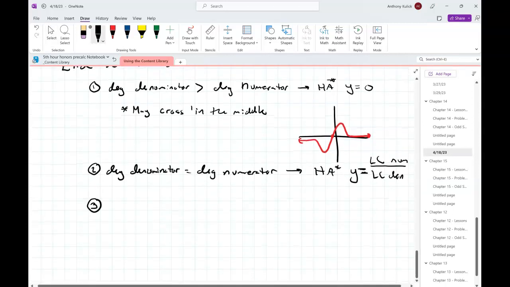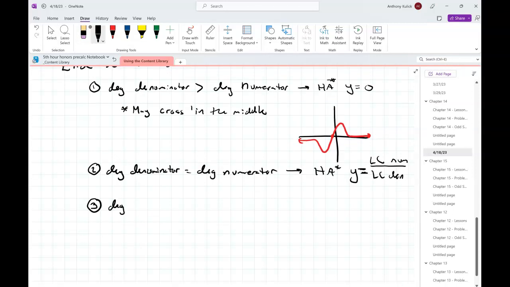And then the third case is where the degree of the denominator is less than the degree of the numerator. And here we're going to have what we call a slant asymptote, or sometimes an oblique asymptote.